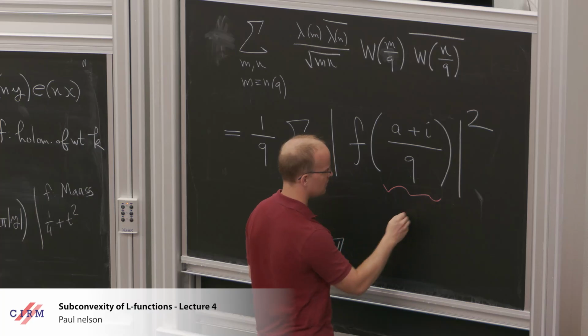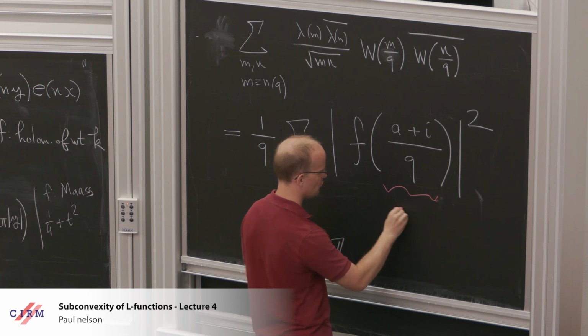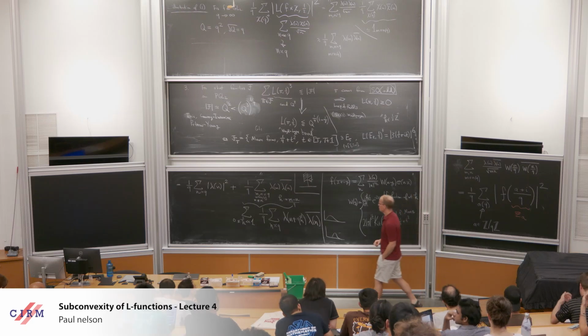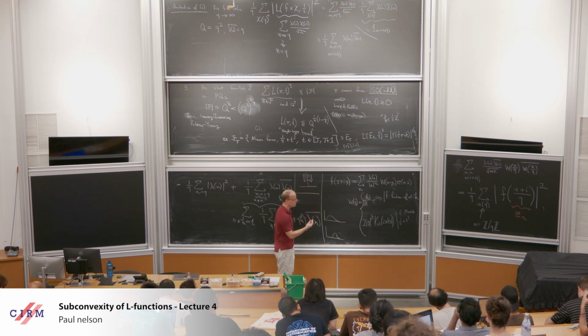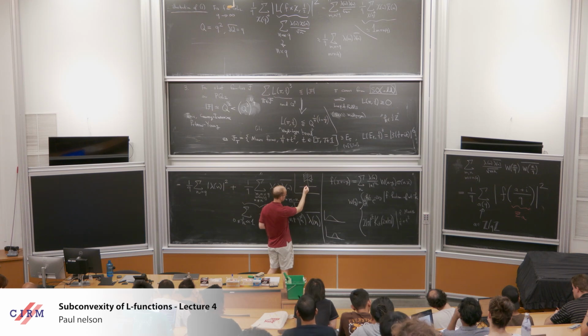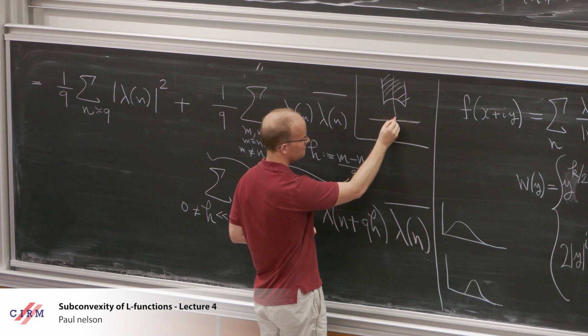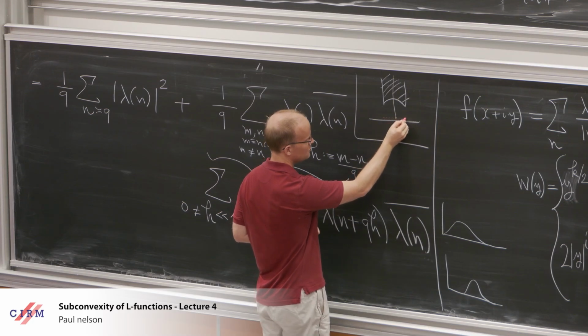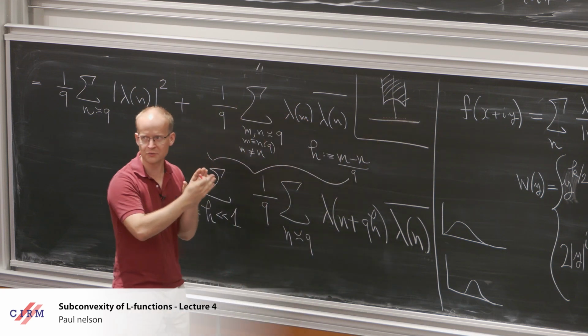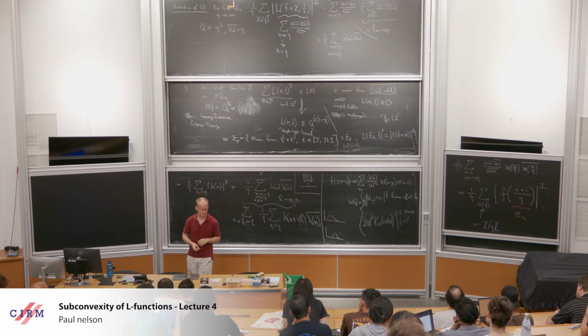Call this point Z subscript A. So what do they look like? Well, of course, Q is getting very, very large. So they'll have imaginary part 1 over Q, which will be very small. And then they'll fill up this interval here with horizontal spacing 1 over Q. They'll fill up all the integral points in there.